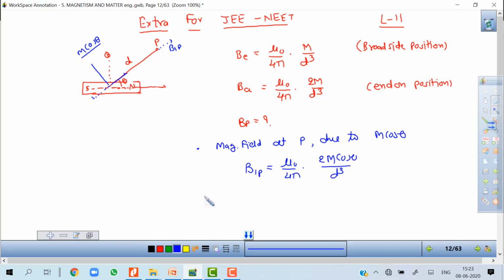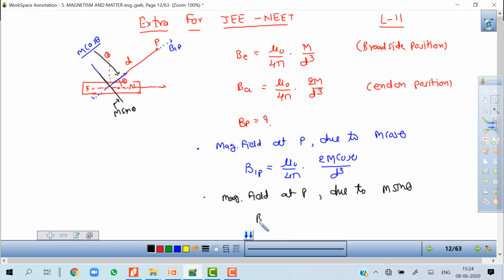Same thing we take the perpendicular component, and this is nothing but m sin theta. This is m cos theta, and this is m sin theta. So the magnetic field at P due to m sin theta.